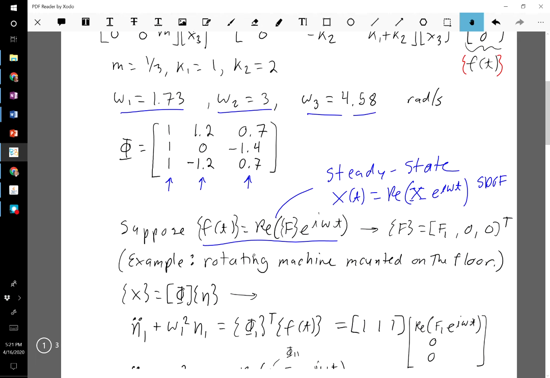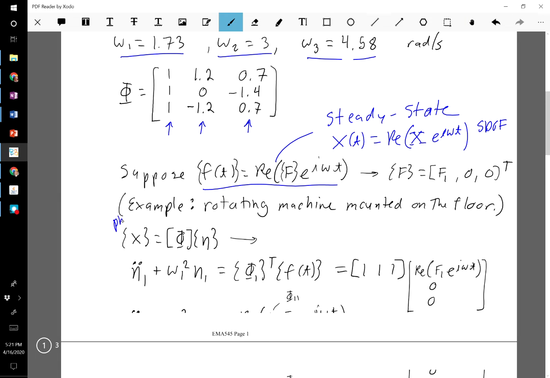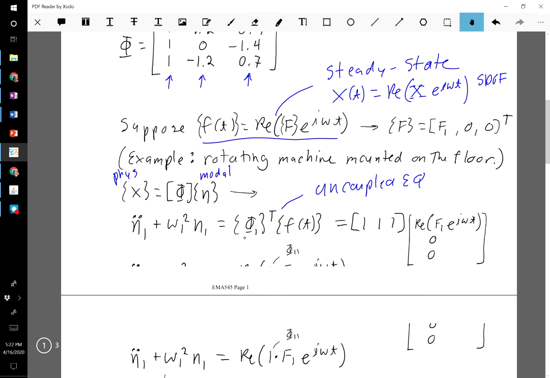The first step to solving any multi-degree of freedom system problem is to make the assumption that the response in physical coordinates can be written as the mass-normalized mode shape matrix times the response in modal coordinates. And if we do that, we've seen several times now that we eventually end up with this set of uncoupled equations. Notice also on this right-hand side we have the mode vector transpose times our force vector.